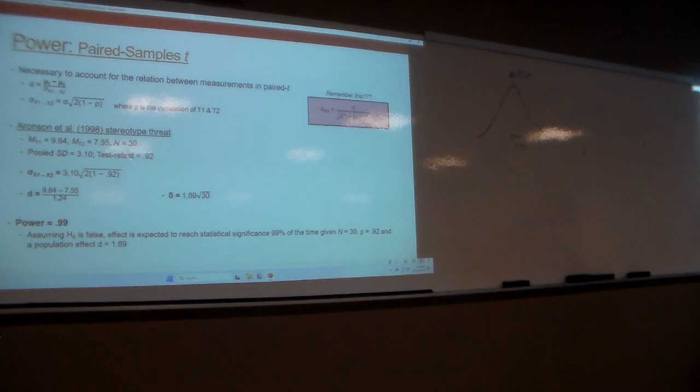And so we end up with power equals 0.99, and above that, in fact. So we'd say, assuming the null hypothesis is false, the effect is expected to reach statistical significance 99% of the time given n equals 30, a test-retest correlation of 0.92, and a population effect of 1.69.